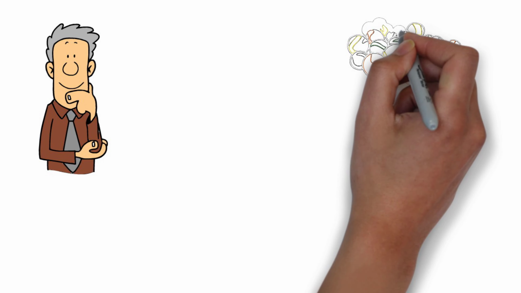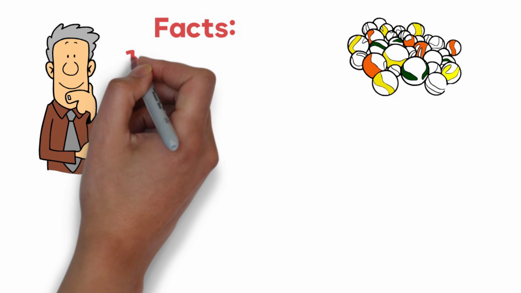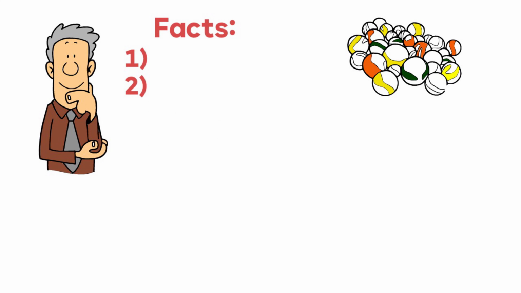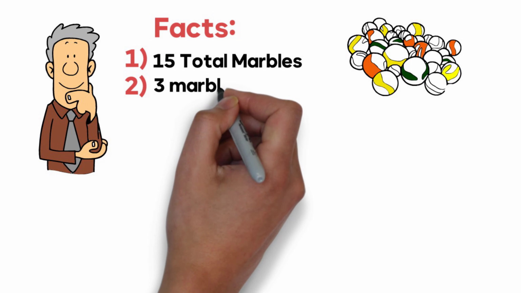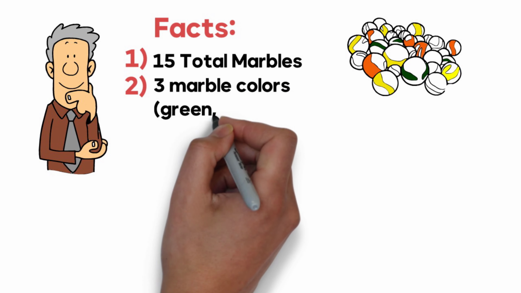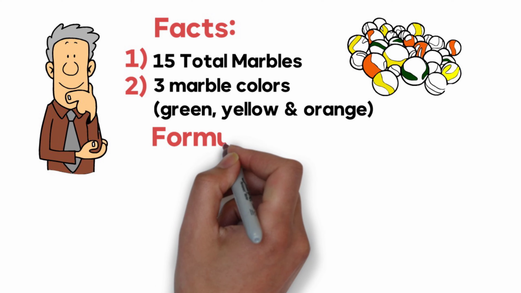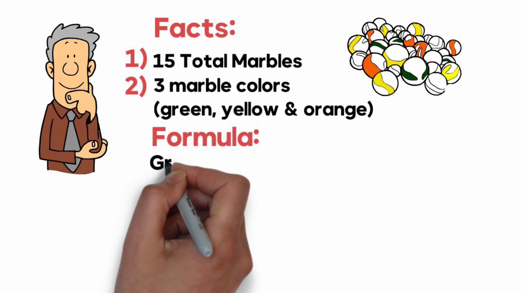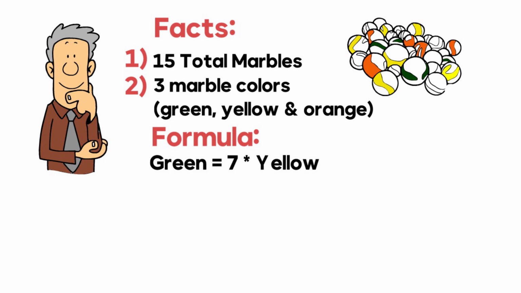To solve this type of problems, let's separate facts from the formulas. We have two facts. We have 15 total marbles, and marbles are of 3 different colors: green, yellow, and orange. And the formula that we are presented with is that there are 7 times more green marbles than yellow marbles.